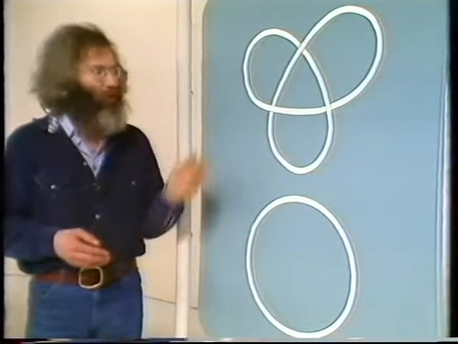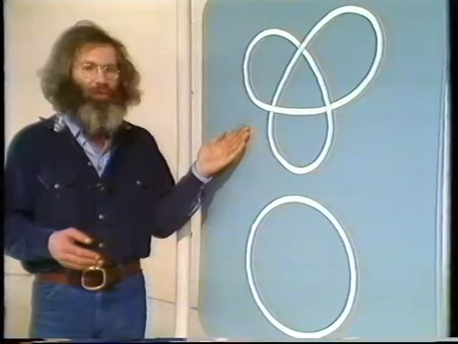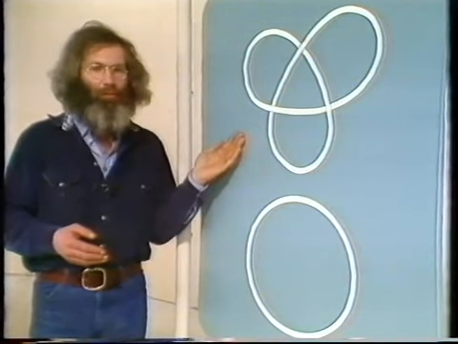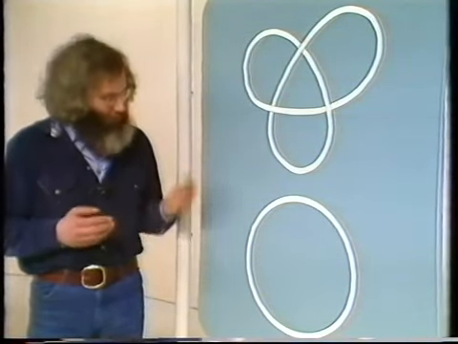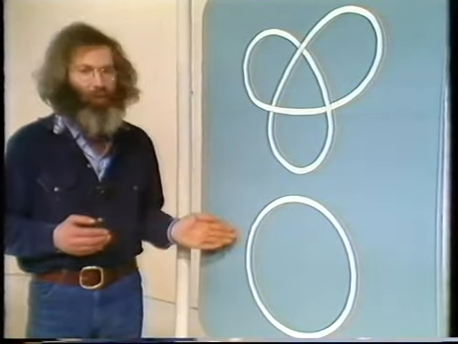Well, taking our hint from geometry again, what we'll need is an invariant. What we need is some property of this configuration which is invariant under Reidemeister moves and is not shared by this configuration. And that'll prove that this is genuinely knotted. Well, it turns out that there is such a property, and it's a very simple one called three-colorability.